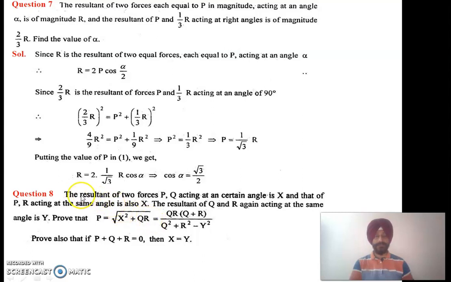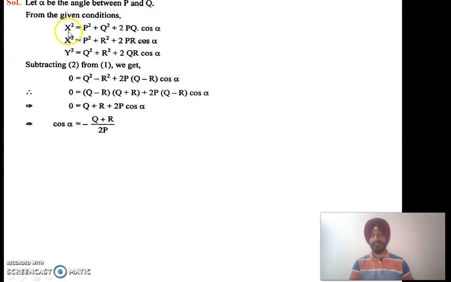The first part: the resultant of two forces P and Q acting at a certain angle is X, and that of P and R acting at the same angle is also X. And the third condition is Q and R acting at the same angle is Y. So three conditions are there. First condition: X square is equal to P square plus Q square plus 2PQ cos alpha.